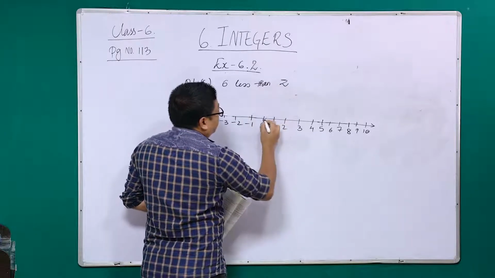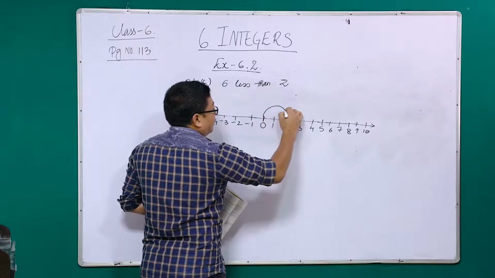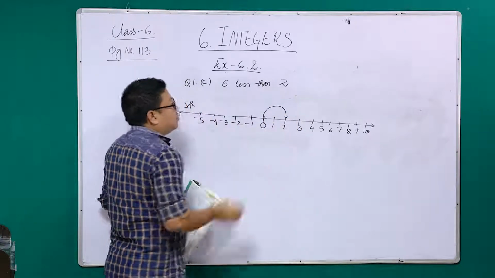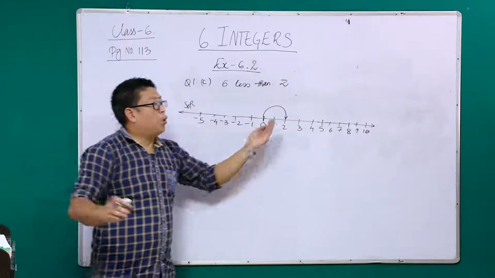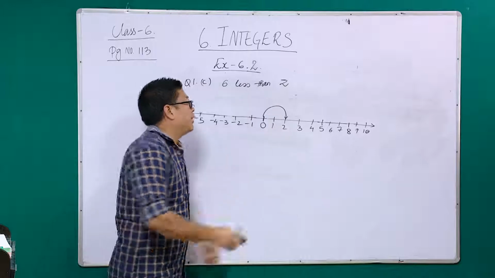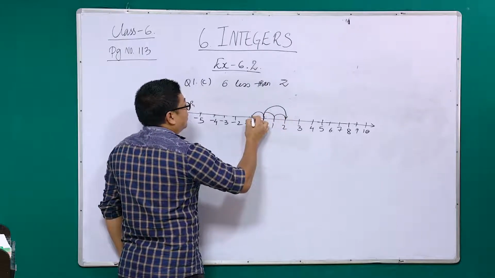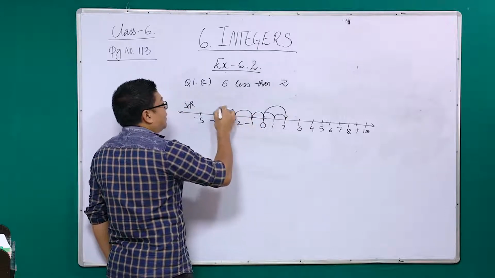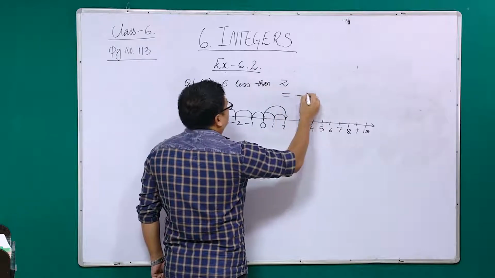Now, to locate 2, we have to go from 0 to the right. It comes here. So this is your 2. 6 less than 2 means we have to go back. Less than means subtract, so we have to go back 6 places. 1, 2, 3, 4, 5, and 6. So your answer is minus 4.